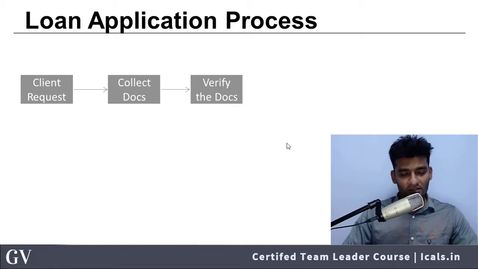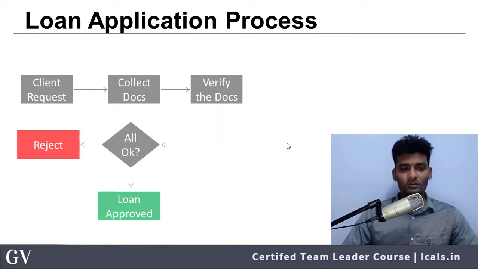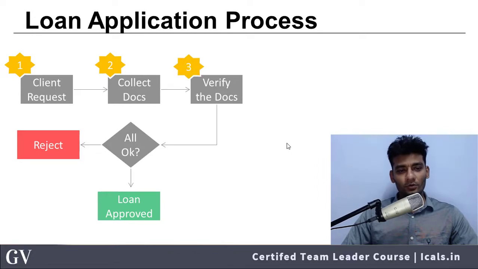Once that document is collected, there would be a process in place to verify all of your documents to see whether it has any discrepancy or not. Once that documentation is verified, and if it is all okay, your loan is going to be approved. If not, it's going to be rejected.